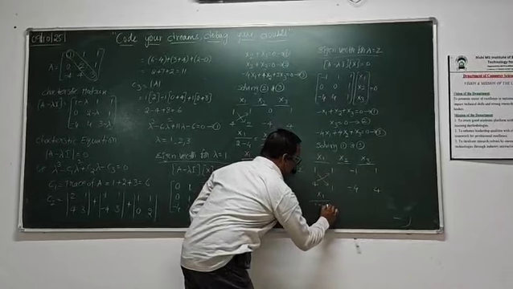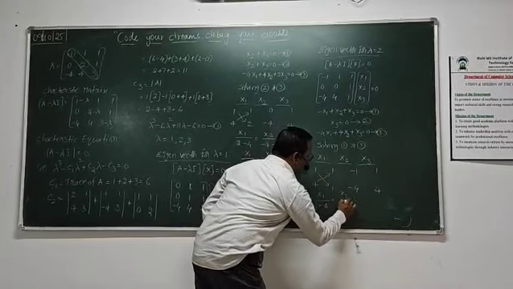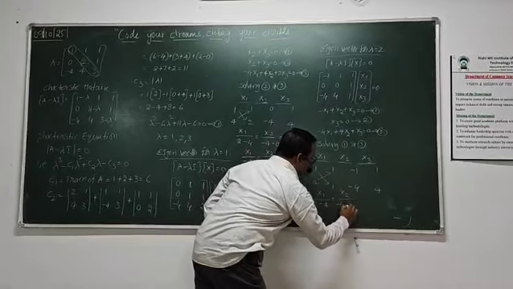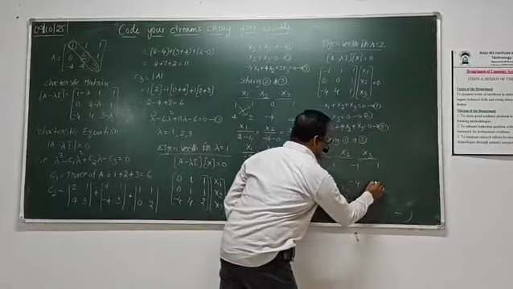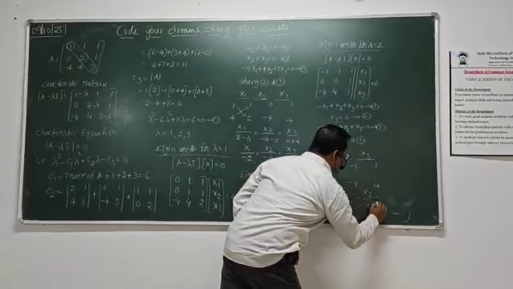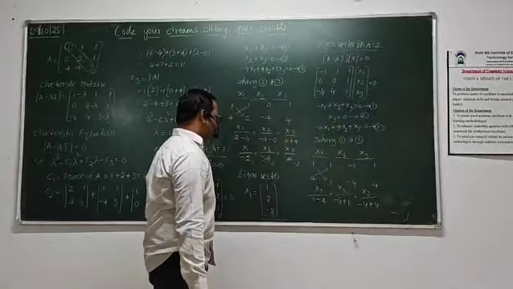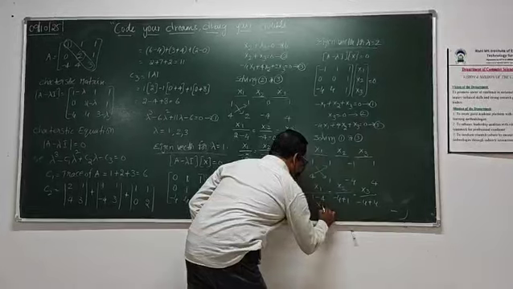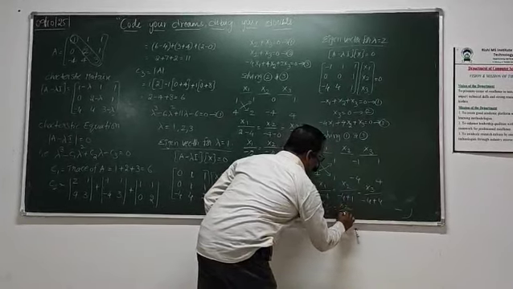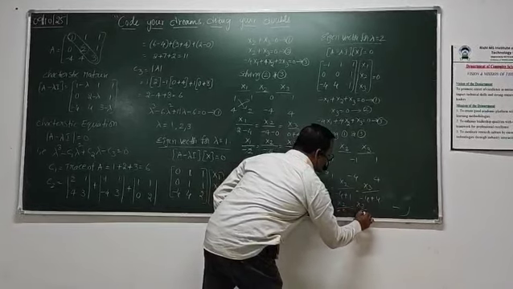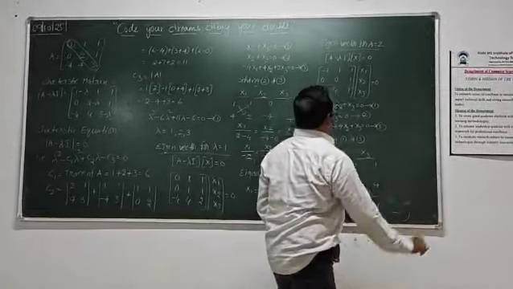So 1 minus 4, minus 4 plus 1, and x3 by minus 4 plus 4. So x1 by minus 3, x2 by minus 3 and x3 by 0. So divide with minus 3.